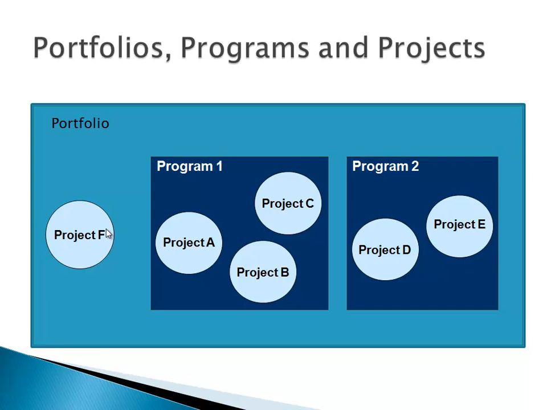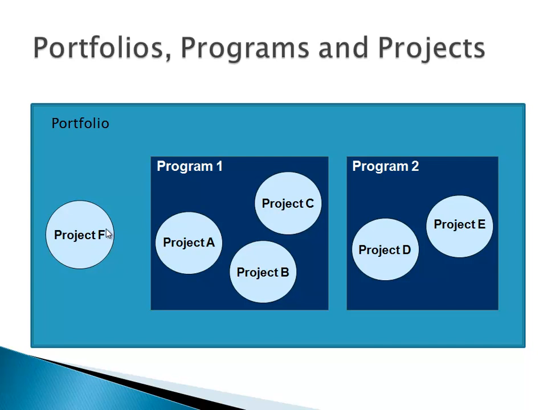So some of the projects are within a program, some of the projects are without a program, just lying there, but all under the portfolio, which serves to meet the business strategies or strategic planning.